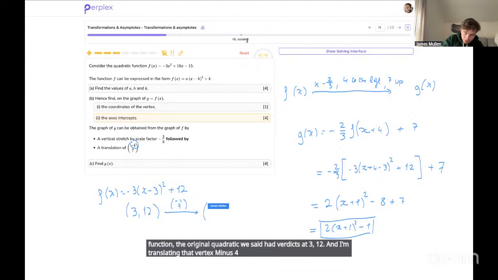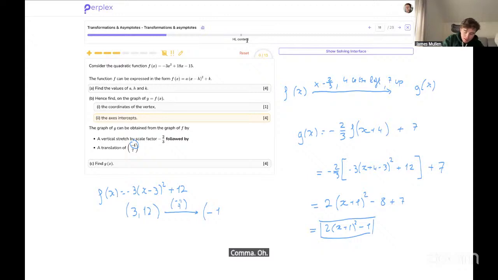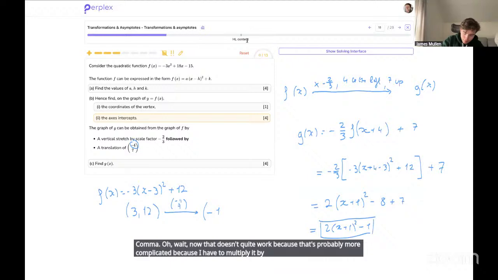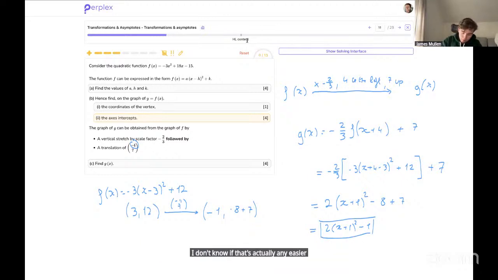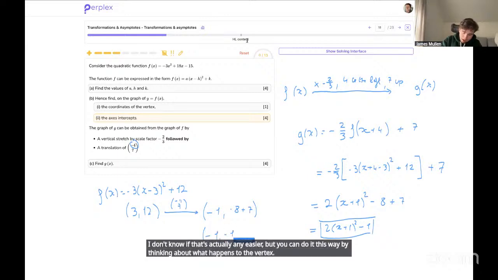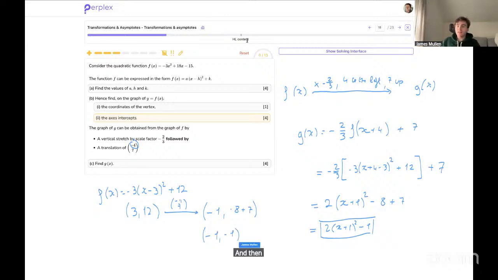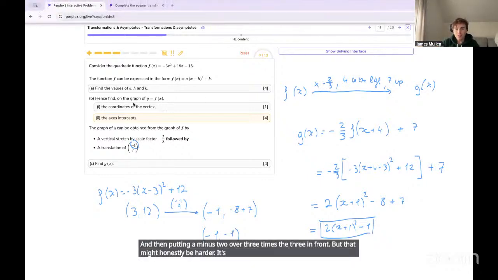So it becomes a vertex at -1, oh wait, no, that doesn't quite work because it's probably more complicated, because I have to multiply by -2/3, so it becomes -8 plus 7, so a vertex at -1. I don't know if that's actually any easier, but you can do it this way by thinking about what happens to the vertex and then putting a -2/3 times the 3 in front. But that might honestly be harder. It's sort of a personal preference thing.